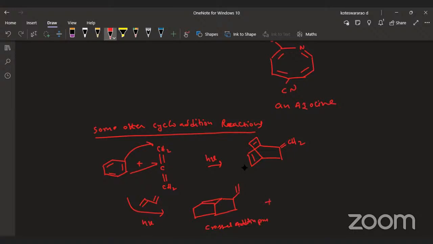This is the benzene. We treat it like this first. Sorry, 4 plus 4 addition reaction. What is the 4 plus 4 addition reaction? This is the 1,4 biradical, like this. These two combined together.